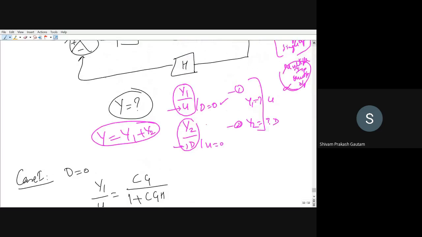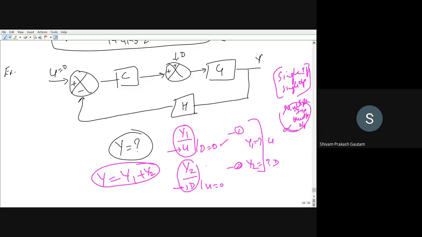Let me redraw the circuit here, because then you will be able to understand better. You can redraw it as another circuit in your copy, but let me draw it here. If u is equal to 0, again this summing block will not be there, but just consider this negative sign.